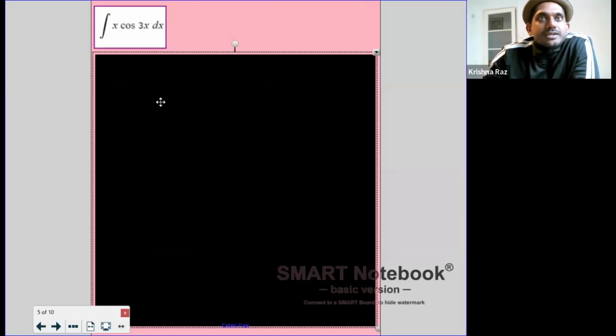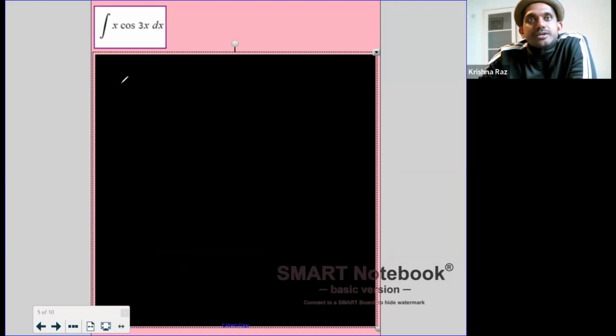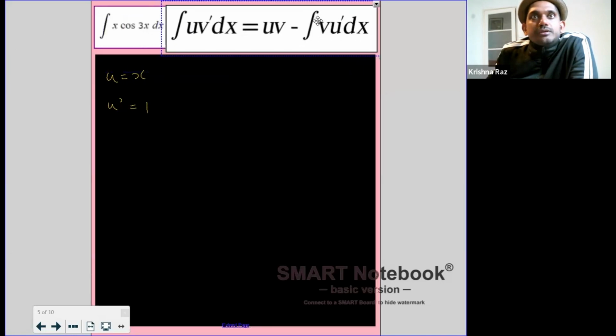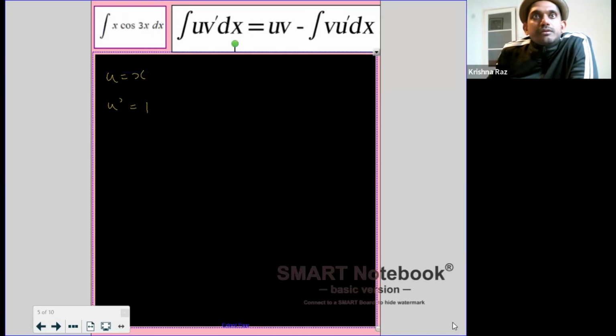So second example, we have x cos 3x. Again, we can see u will be x, and therefore u dash will be 1, which means v dash will be cos 3x.